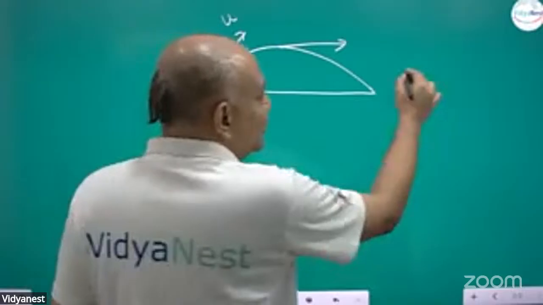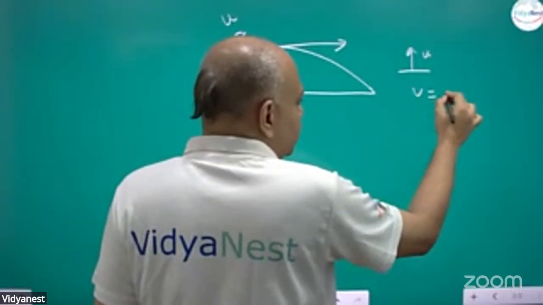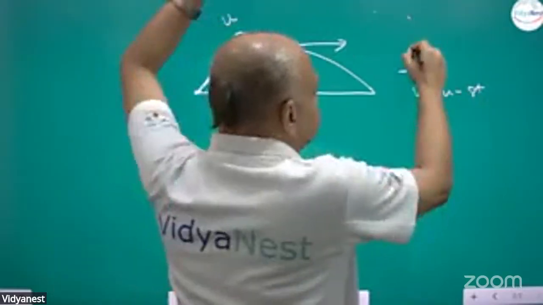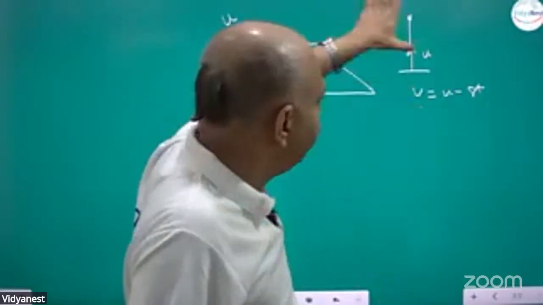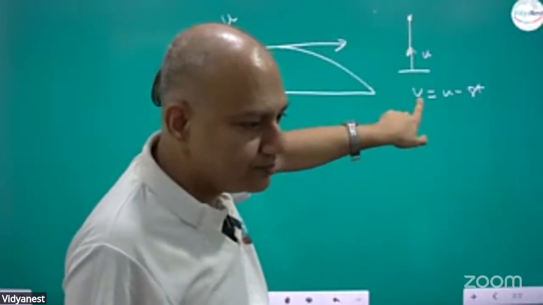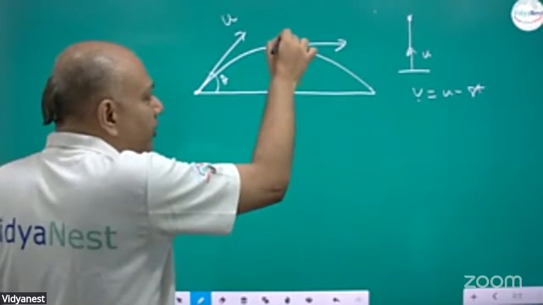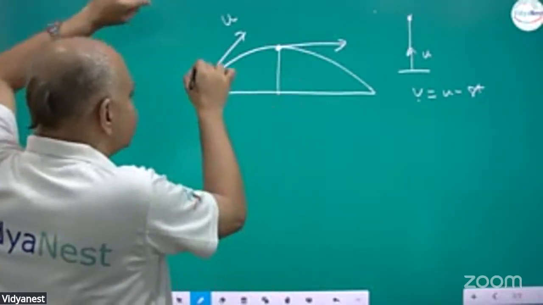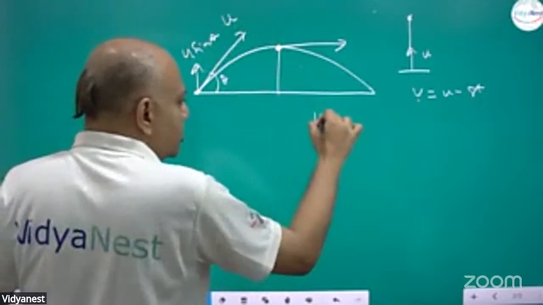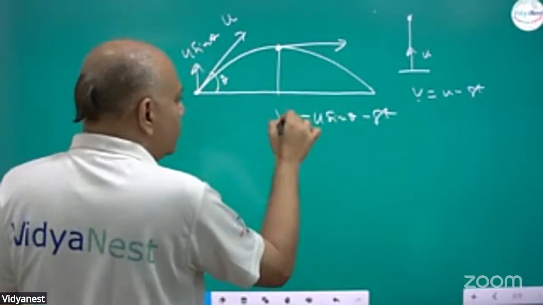Why? Just like in the previous case, we projected with the velocity u. The velocity can be represented as u minus gt. So when it reaches the top point, the vertical velocity becomes zero, na? Yes, sir. Same thing is happening here also. At the top point, u sine theta minus gt is equal to vy.